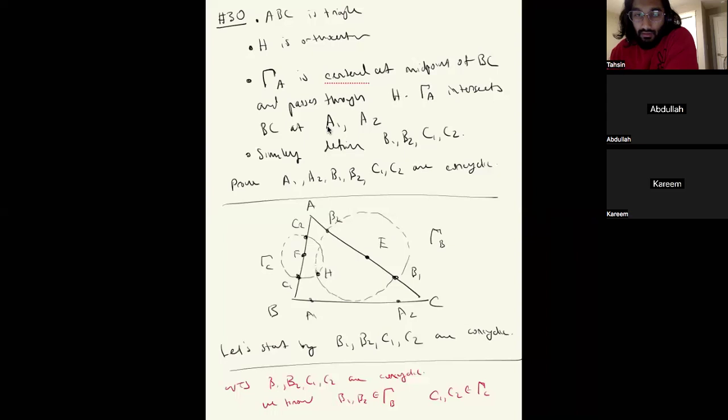So we just prove that the intersection of B1 C2 and C1 B2 lies on the radical axis of both circles, and this will prove that B1, B2, C1, C2 is a cyclic quadrilateral.